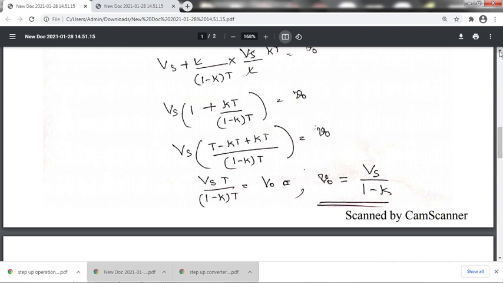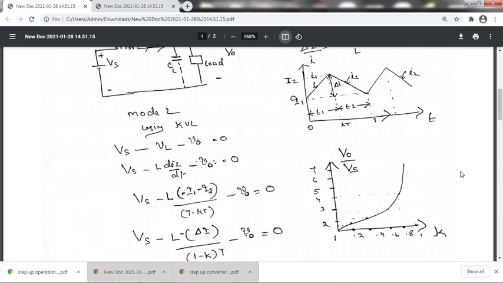It's not correct because we are not keeping k equal to 1. I can show you, if you increase k like this, V0 by Vs will increase, means gain, means step up operation. Here V0 is 7 times Vs. If k is 0.2 like this, if k is 0.4 like this, 0.6, if you increase k, V0 will increase.